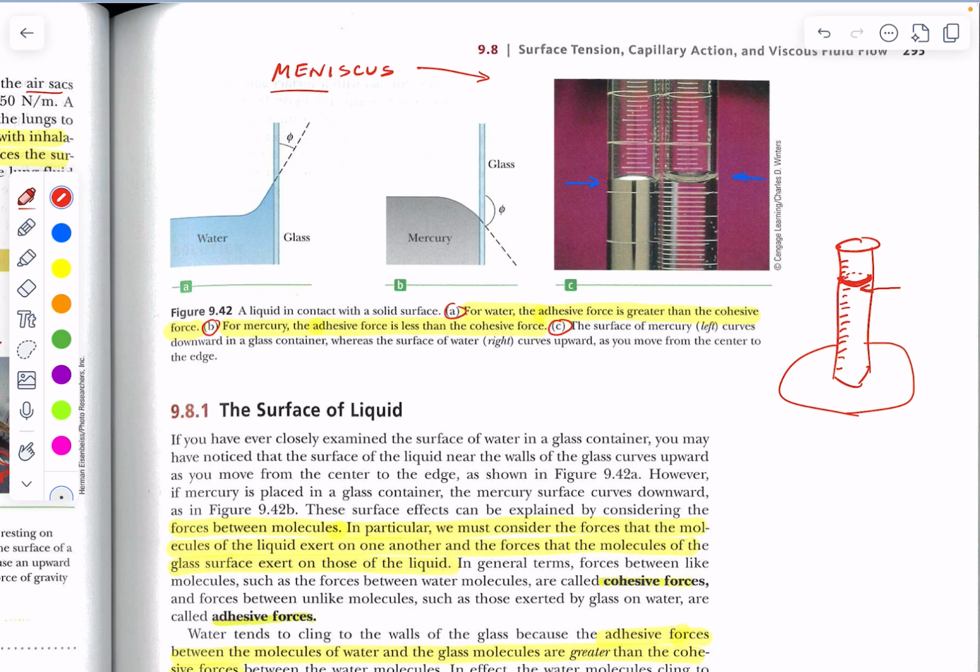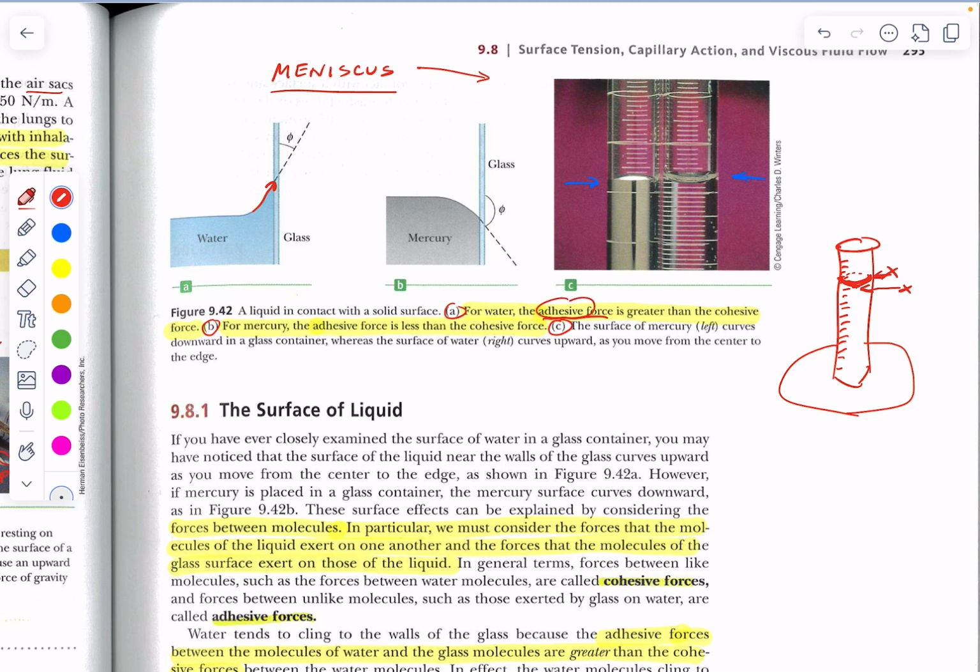The word meniscus refers to the bottom. You don't measure it up here. You measure it down there at the bottom of the meniscus. So water adheres to the side, and that's what we would call an adhesive force, because water and glass are made out of different materials, and when you have different materials, the forces of interaction between them are adhesive.